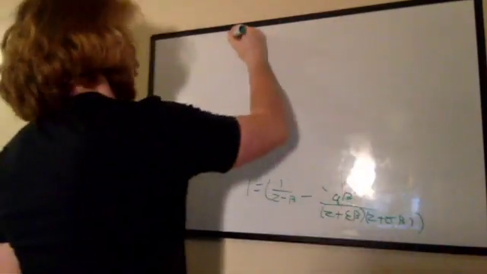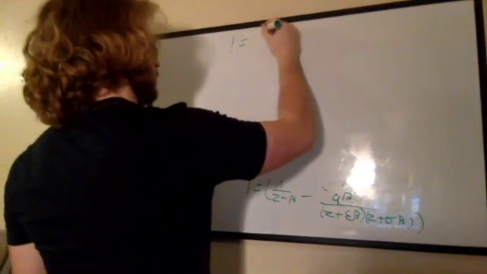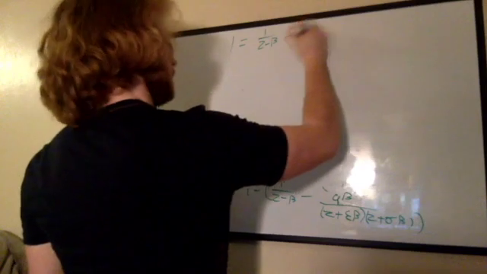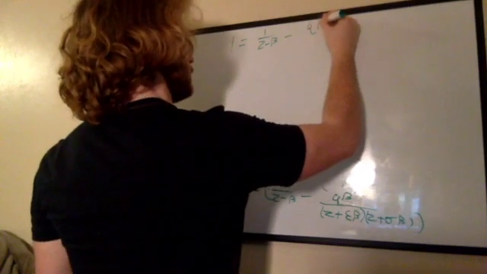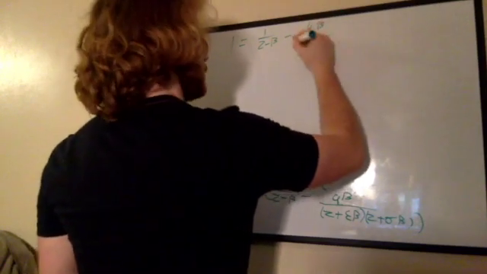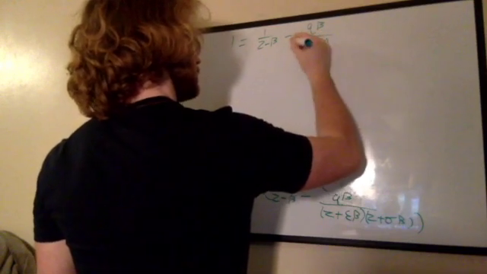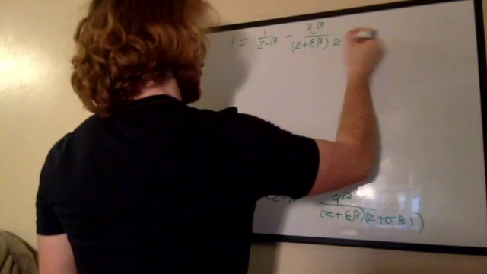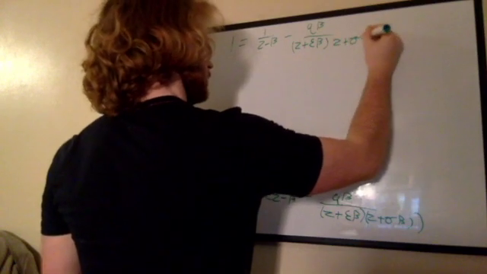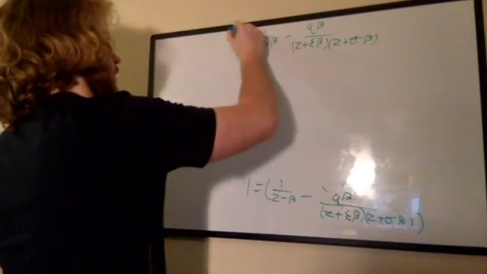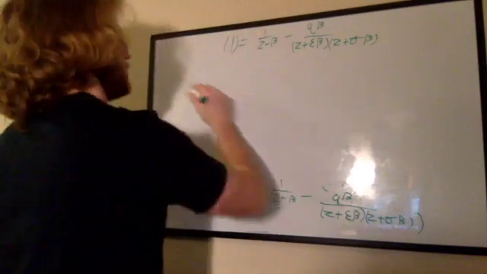Alright, so we got 1 is equal to 1 over z minus beta minus q beta over z plus epsilon times beta times z plus sigma times beta. Alrighty, and we're going to go ahead and multiply both sides by these denominators like I said earlier.